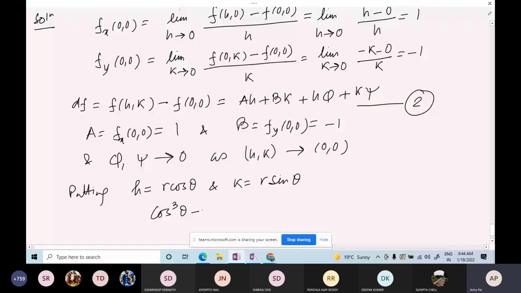From which we can simplify and write cos theta sin theta equals 0. But is it possible for any arbitrary theta? Cos theta sin theta is always 0, it is not possible.